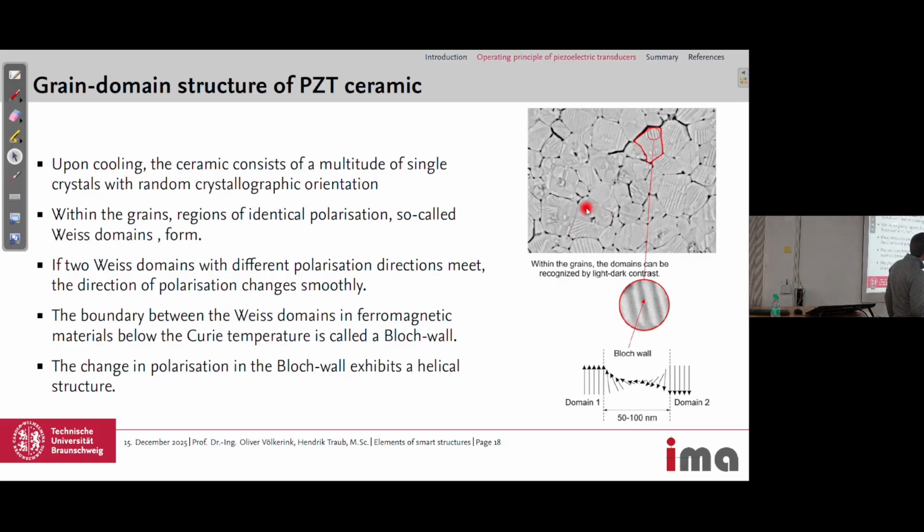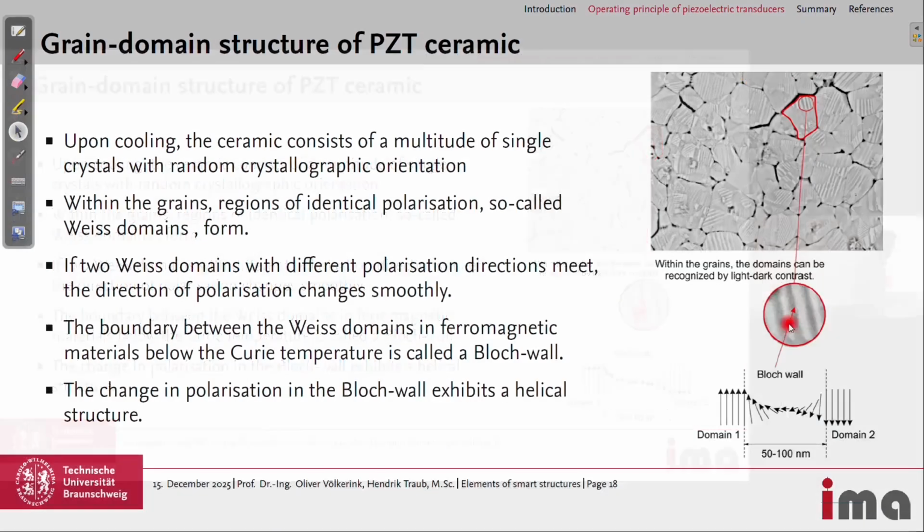These larger areas are the grains. And within these grains, you have regions of identical polarization, so-called Weiss domains. These are the light and dark contrast lines in the grain. So you have these striped grains, and the light and dark colors would be the different domains.